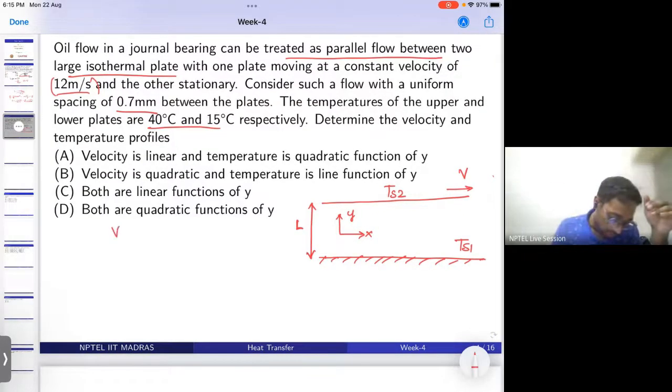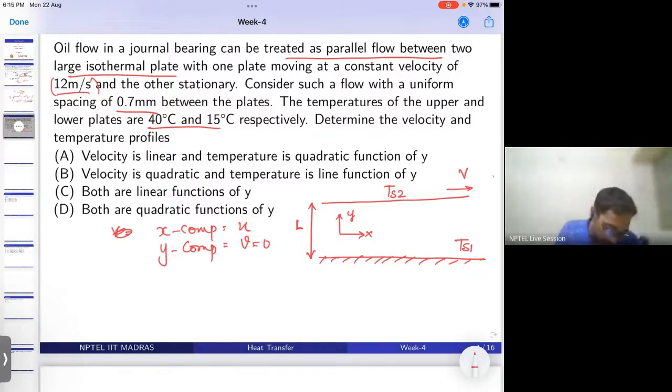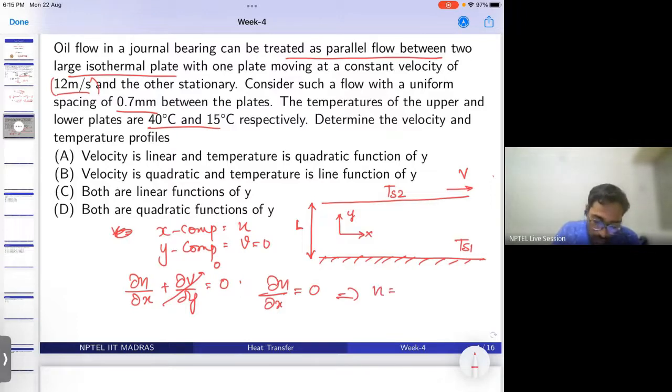The x component of velocity I am taking as u, and the y component of velocity as v. So v is 0. From the continuity equation, dou u by dou x plus dou v by dou y should be equal to 0. Since this is 0, dou u by dou x should be equal to 0, which implies u is a function of y only.